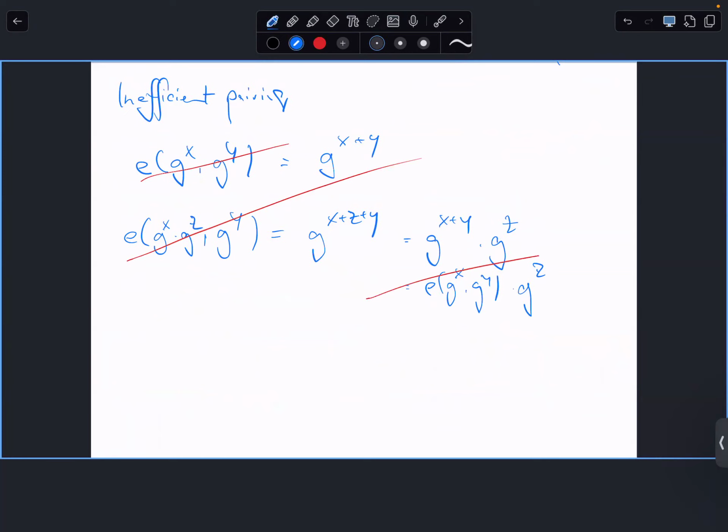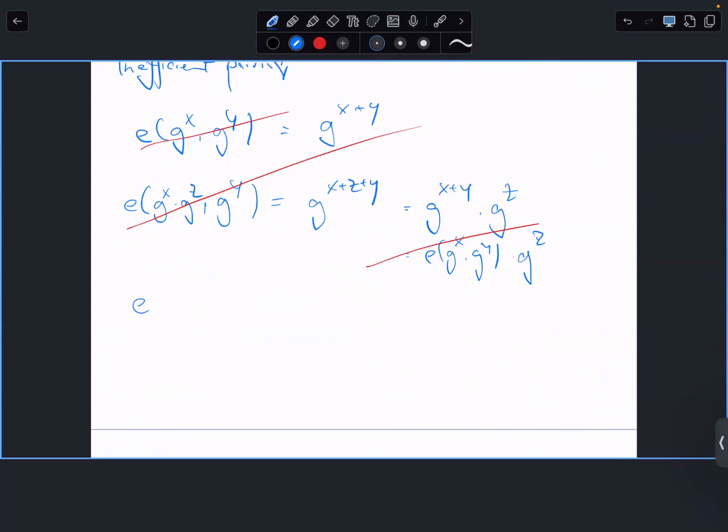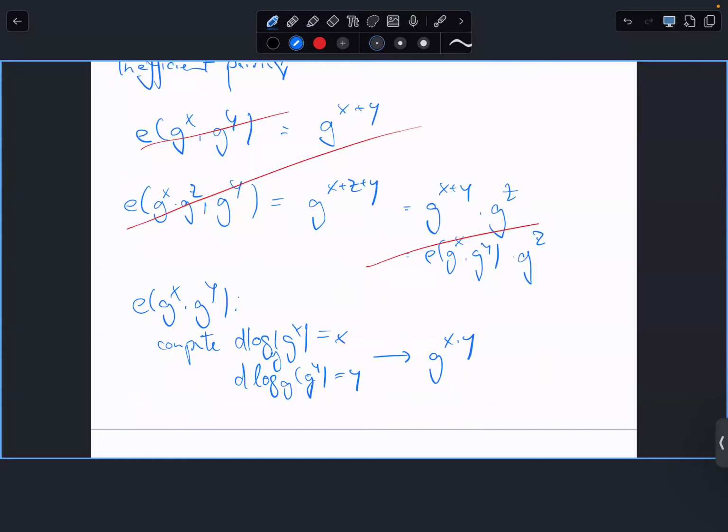So what we do instead is we would compute it like this, e of g to the x, g to the y. First, compute the discrete logarithm of g to the x, let's say with the basis g, which is just x, and the discrete log of g to the y, which is y, and then compute g to the x times y, right?